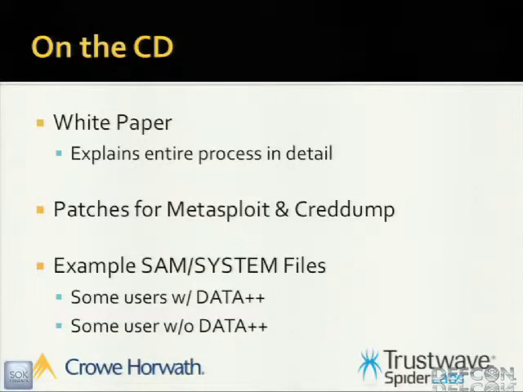We also have the patches for Metasploit and CredDump on the CD. So if you want to use that, you can. We've also provided an example SAM system that has both a corrupted user and a bunch of non-corrupted users, so you can see the difference if you use the patches to extract the new passwords. So if you want to follow along with us or you want to play with those, they're there for you.